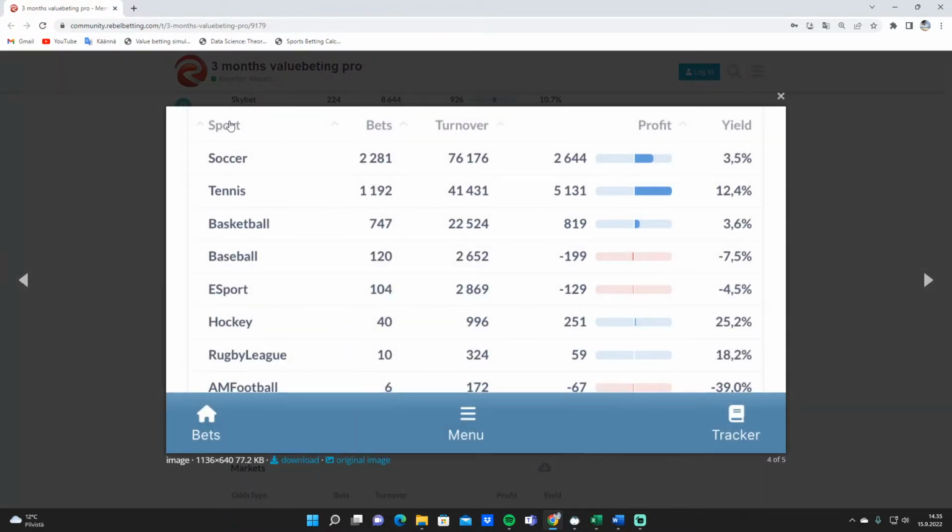And here's also the sport, so which market the bet is placed on. Mostly soccer bets, some tennis bets, and this is the same thing as the bookmakers.